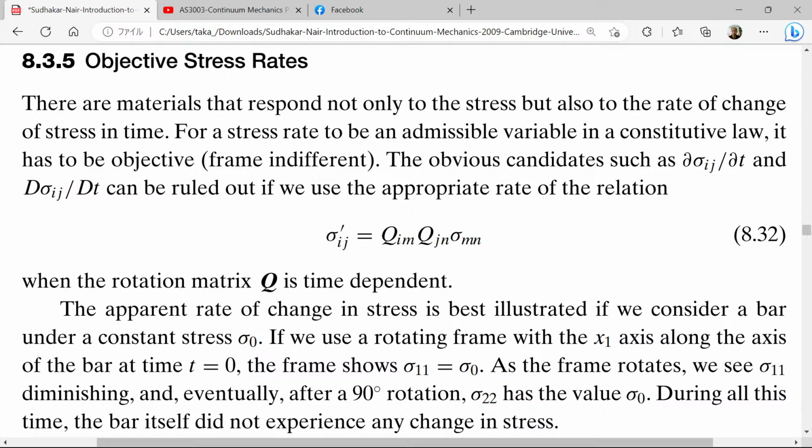For a stress rate to be an admissible variable in a constitutive law, it has to be objective, frame indifferent. The obvious candidates such as partial sigma_ij partial t and d sigma_ij dt can be ruled out if we use the appropriate rate of the relation.